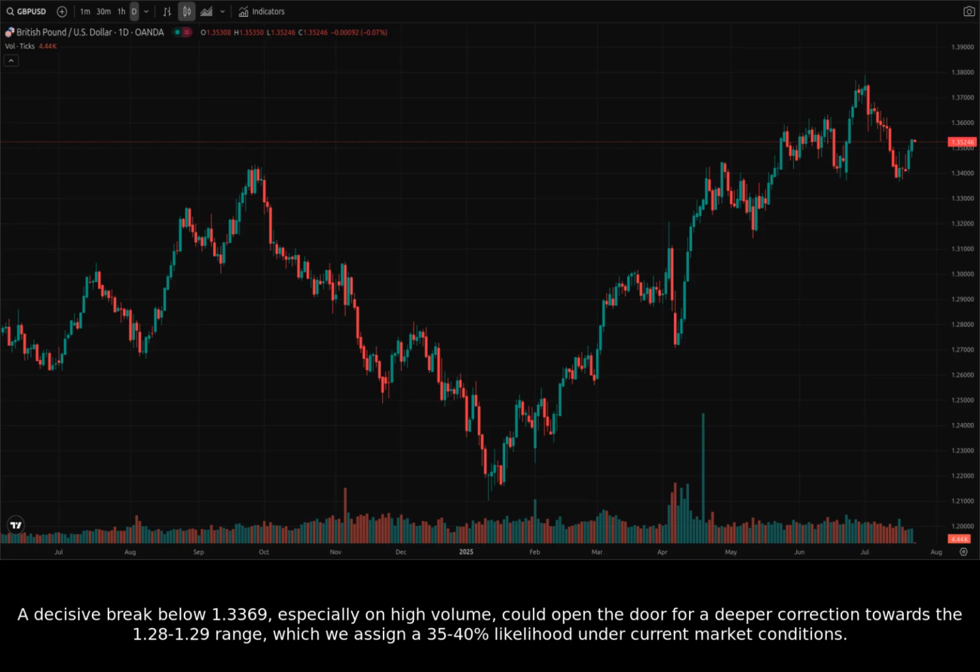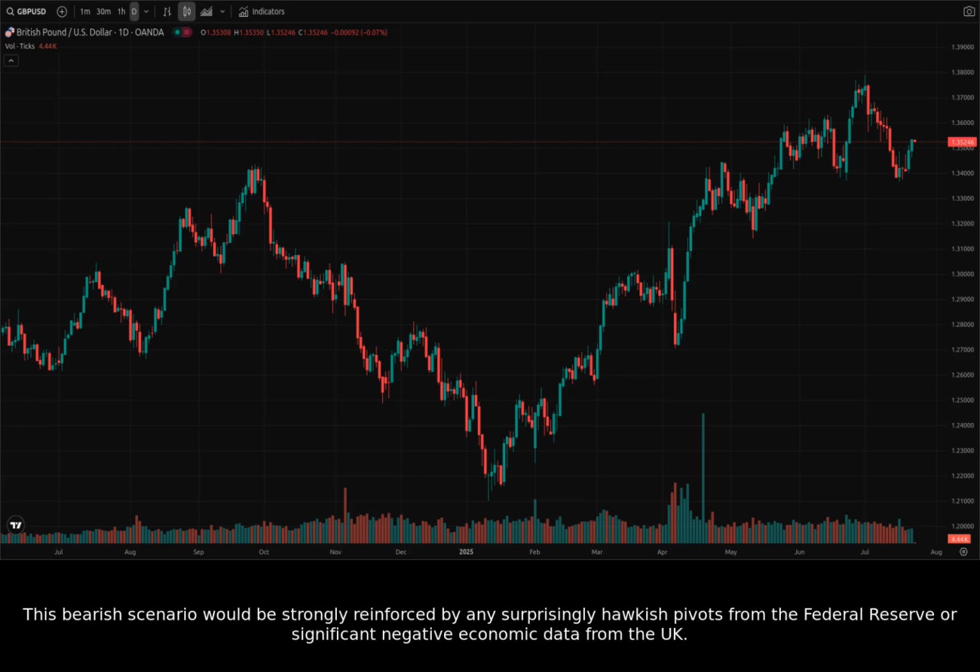A decisive break below 1.3369, especially on high volume, could open the door for a deeper correction towards the 1.28 to 1.29 range, which we assign a 35 to 40% likelihood under current market conditions. This bearish scenario would be strongly reinforced by any surprisingly hawkish pivots from the Federal Reserve or significant negative economic data from the UK.